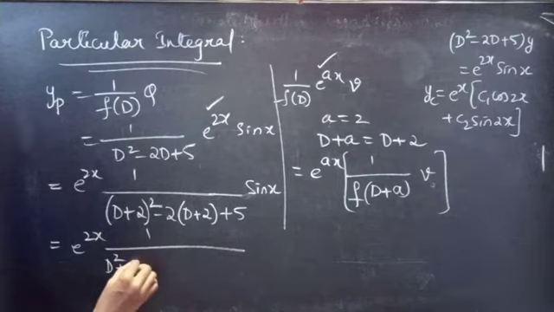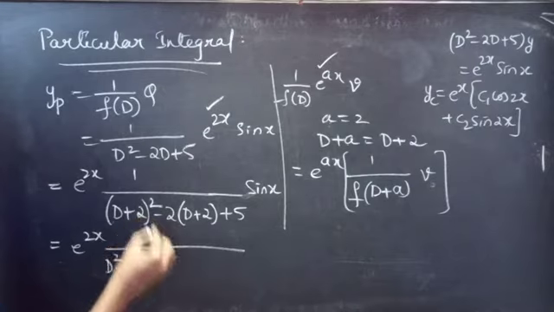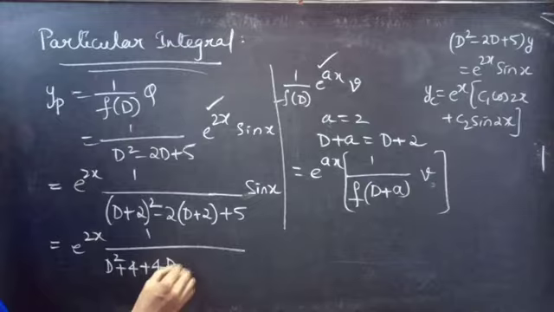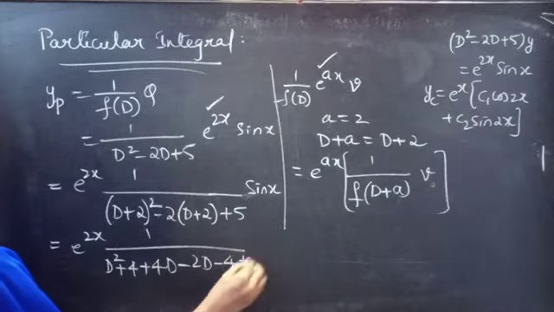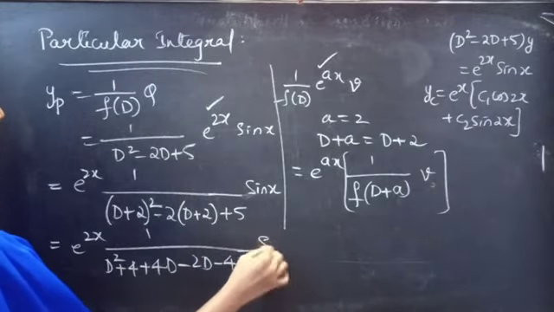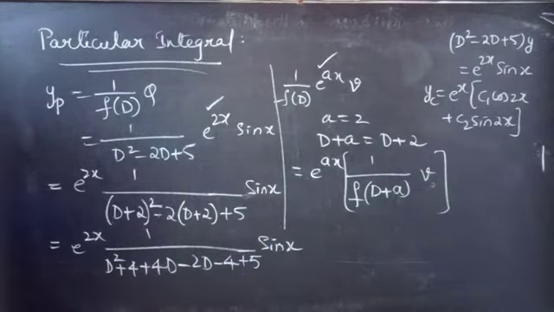D square plus 2 square, 4, plus 2 twos are 4d, minus 2d, minus 2 twos are 4, plus 5, into sin x.